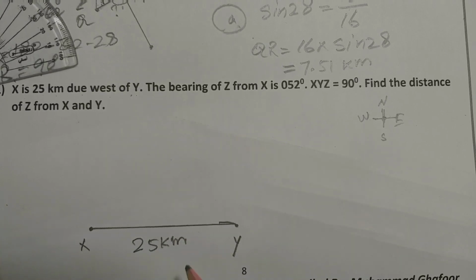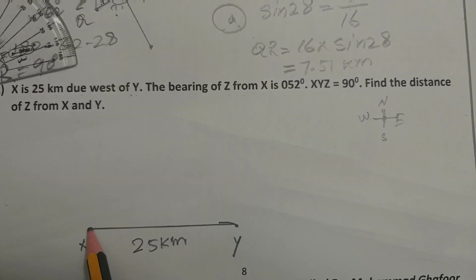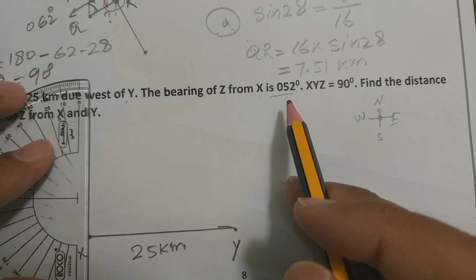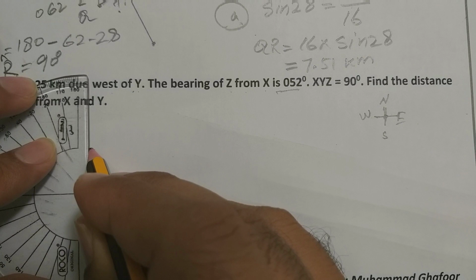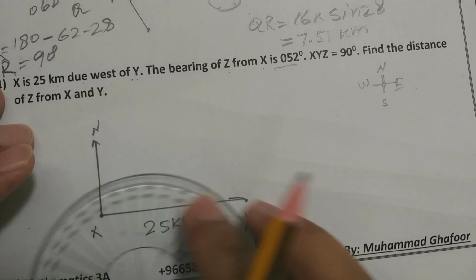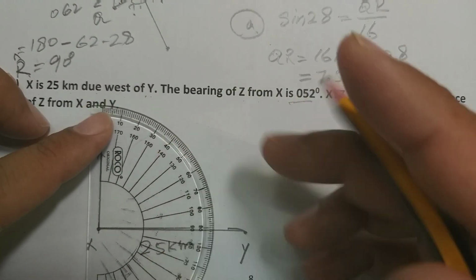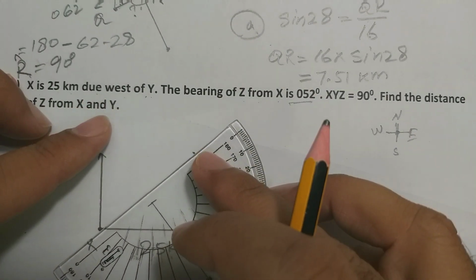Okay, now the bearing of Z from X, so it means this is the starting point. From X is 52. So first draw the north line. So angle is 52. So draw the line.